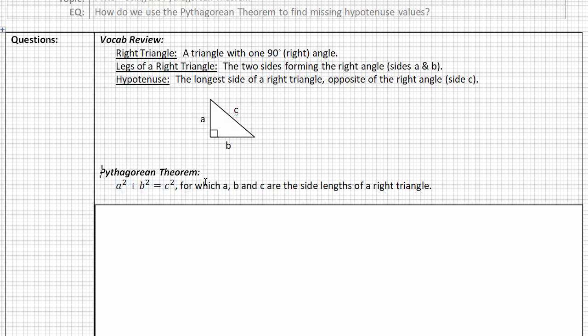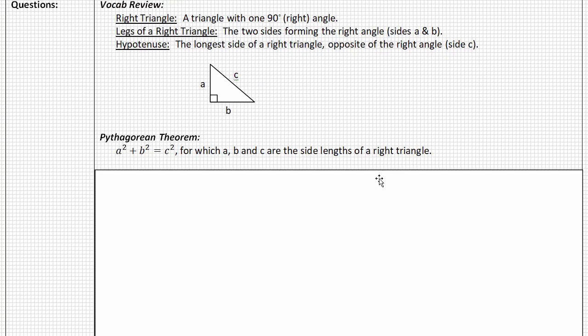And it is again important that we know that A, B, and C are used on the side lengths of a right triangle only.